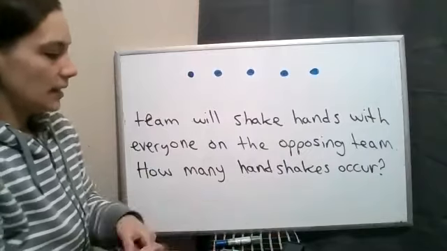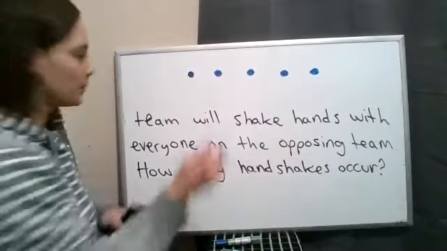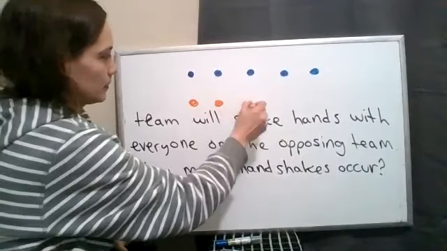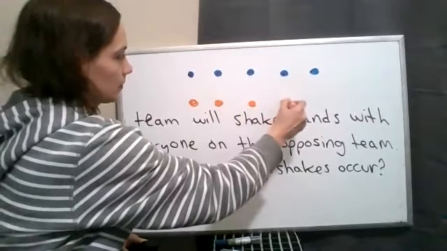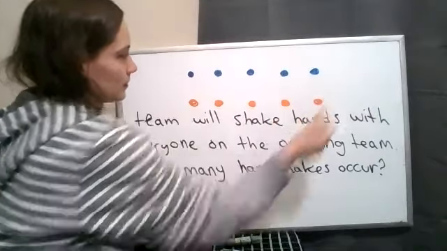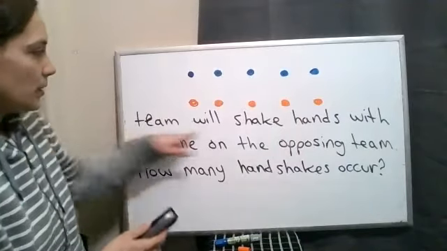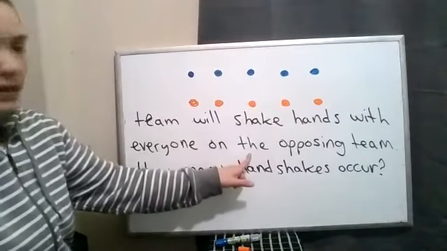And then there are 5 people on the orange team. And each person from the team shakes hands with everyone on the other team.